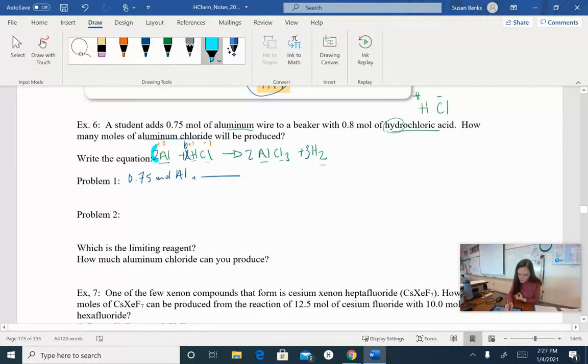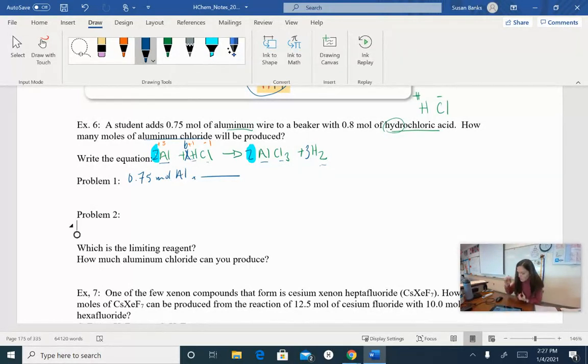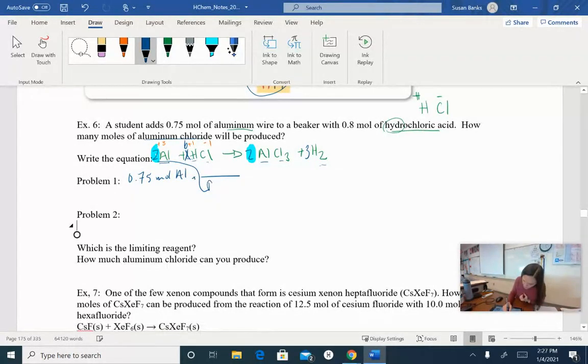So I'm going to look at my coefficient here with my coefficient here. So I have a ratio of 2 aluminum moles to 2 aluminum chloride moles. Okay, so my moles of aluminum I want to cancel, so I'm going to put my 2 moles of aluminum down here, and then 2 moles of aluminum chloride here.